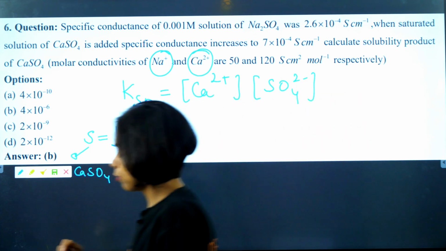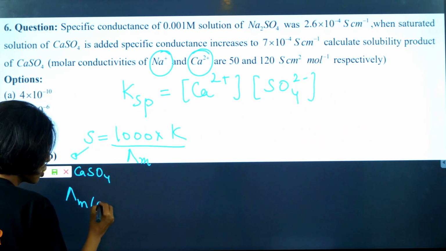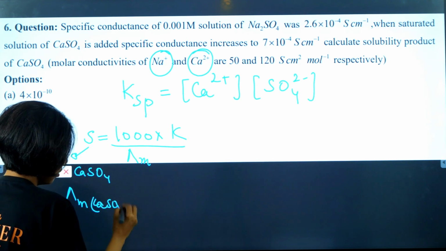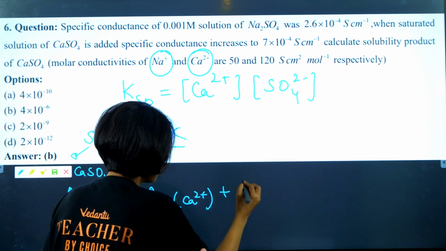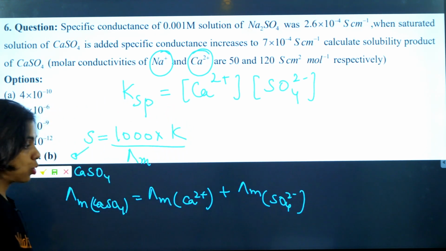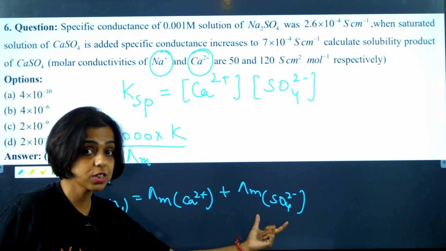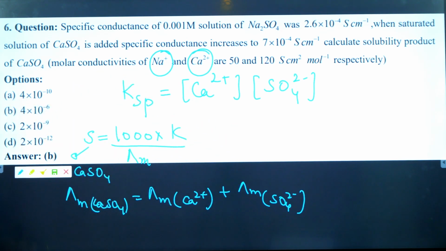If I have to calculate the molar conductance of calcium sulfate, that is the sum of molar conductance of calcium, which is of course given, but I don't have the molar conductance of sulfate. So how to calculate the molar conductance of sulfate from the data given about Na2SO4?